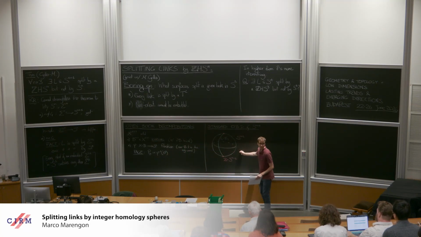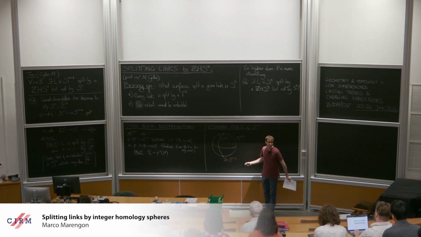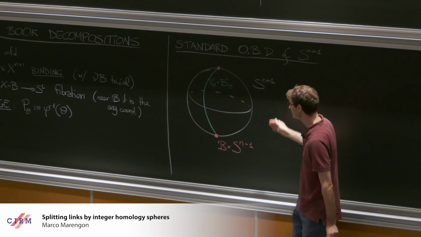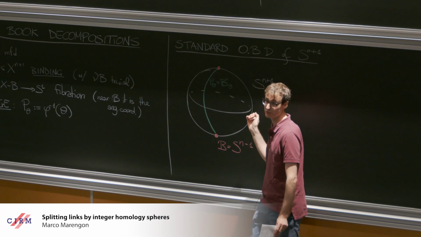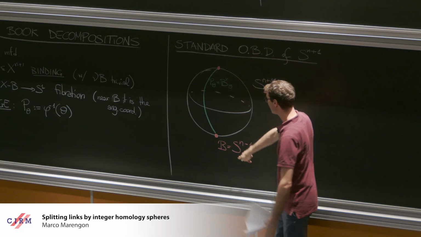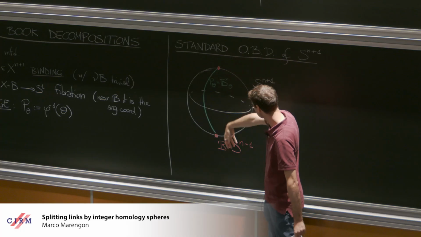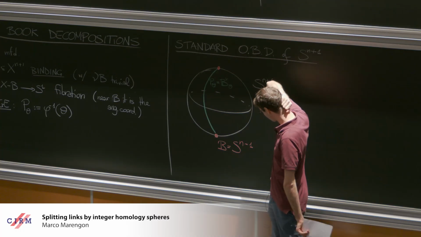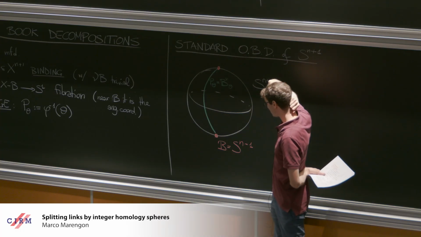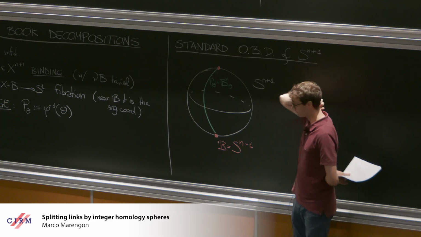So I have a picture here of an example. This is the standard open book decomposition of Sn plus 1. Here n is equal to 1 in the picture. You have the intersection of two equatorial Sns, which is an Sn minus 1, and we fix it as the binding.